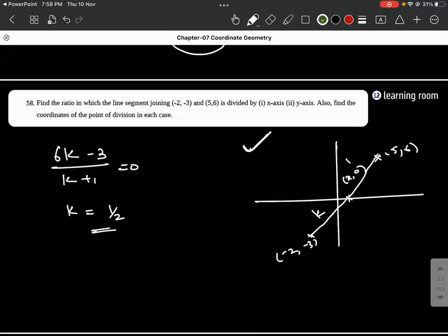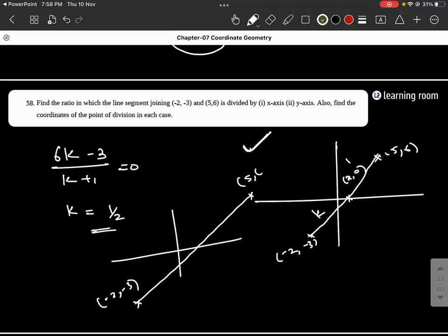Is there anyone who didn't understand what I did? I didn't understand. See, when there is a line segment like this, (-2, -3) is in the third quadrant and (5, 6) is in the first quadrant. So here it is (x, 0).